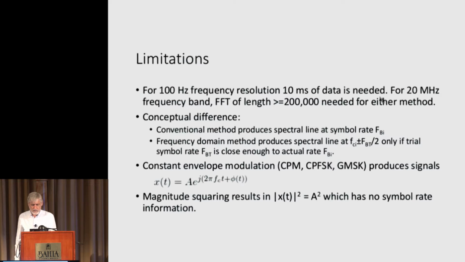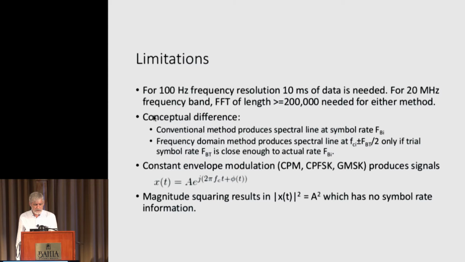So as an example, for a 20 megahertz frequency band, an FFT of length about 200,000 or larger would be needed, and that would be needed for either method if you want to have this 100 hertz resolution.